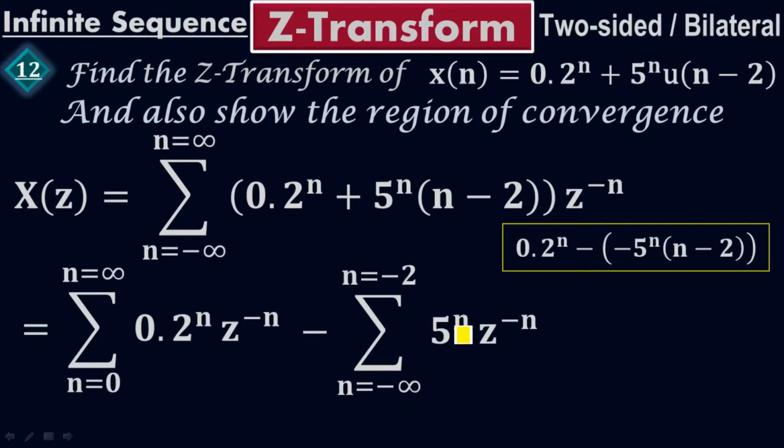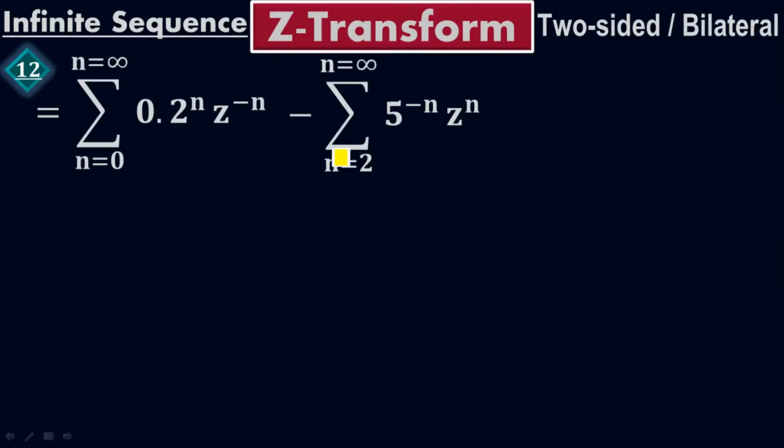Similarly, we're going to change the sign of the power of 5 and also the power of n. From positive n it becomes negative n, from negative n it becomes positive n. Therefore, I have n equals positive infinity and n equals 2. We interchange the values of n with opposite sign. Similarly, from positive n it becomes 5 to the negative n. From negative n it becomes positive n here, z to the positive n.